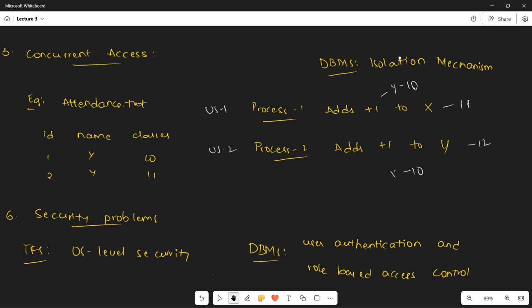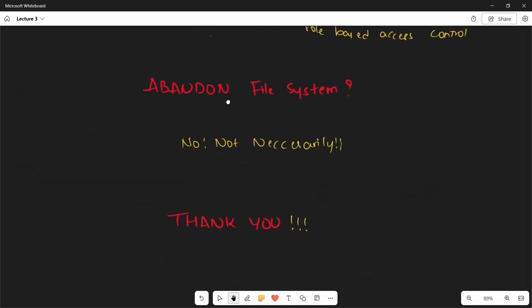He can change anything he wants. He can change his grade, his CGPA, his attendance, his fee structure and all, right? But when it comes to DBMS, only the admin has the access to change or update things. So that is the reason DBMS provides good security when compared with traditional file-based system.